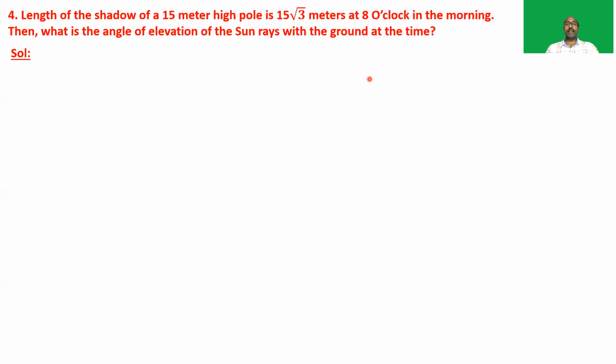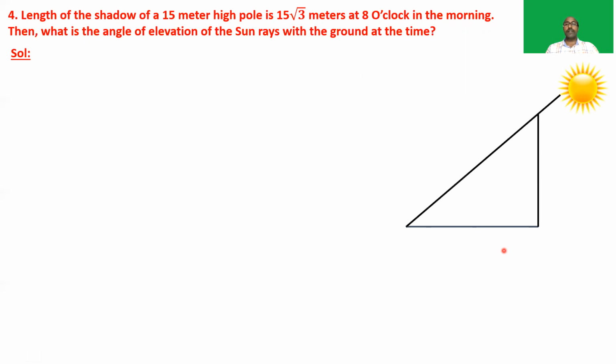By imagining the scene, we can draw this picture. This is the sun and this line is the ground and it is the pole. Now sun rays are coming like this. So these sun rays are making an angle theta, which you have to find here.